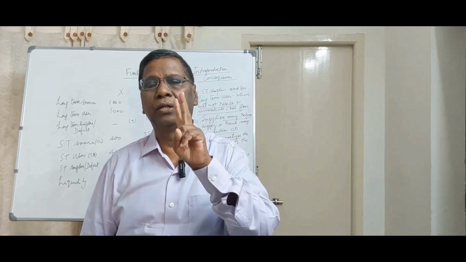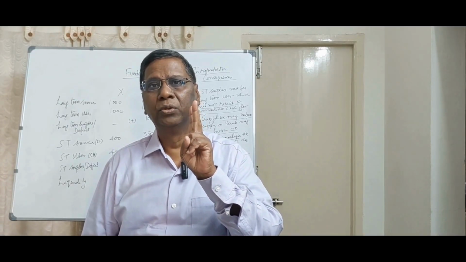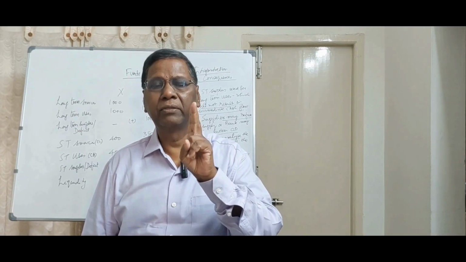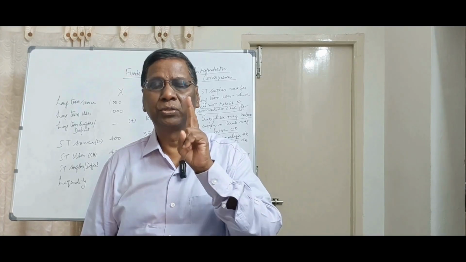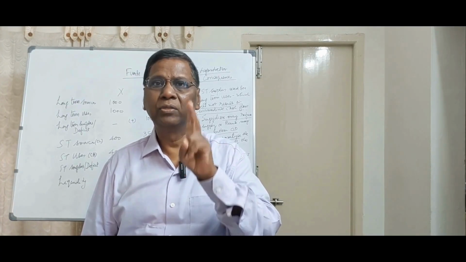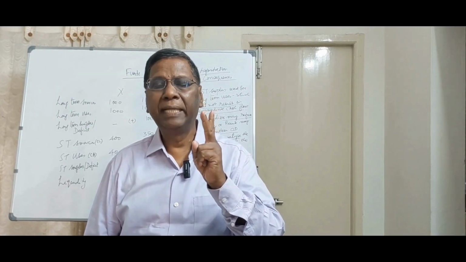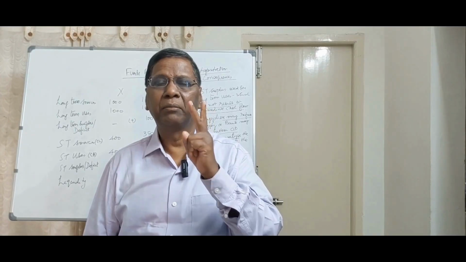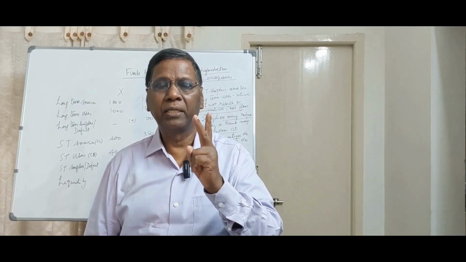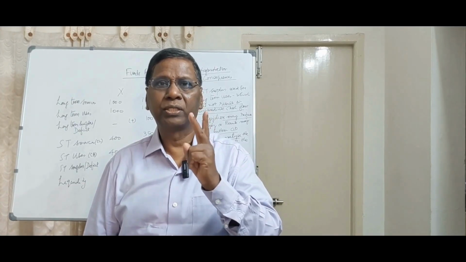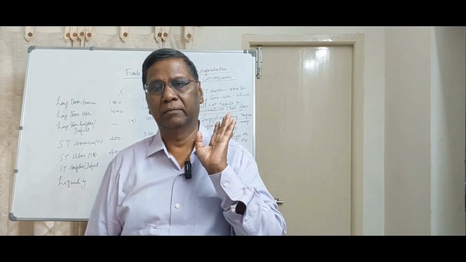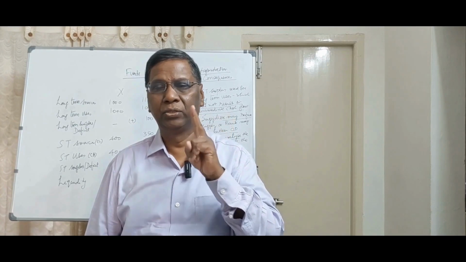So, two things I want to tell you. First, don't divert short-term sources for long-term use. Second, maintain liquidity by bringing some money from long-term sources like equity, etc. These two are very important.